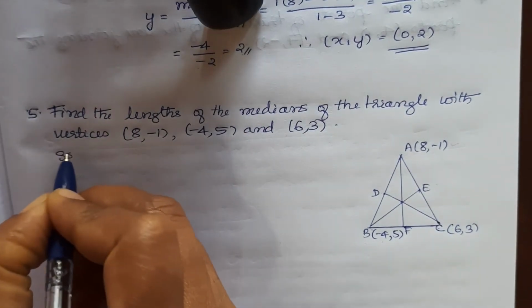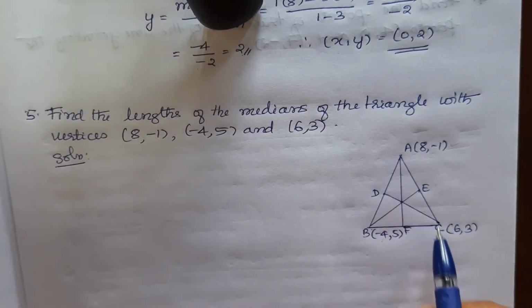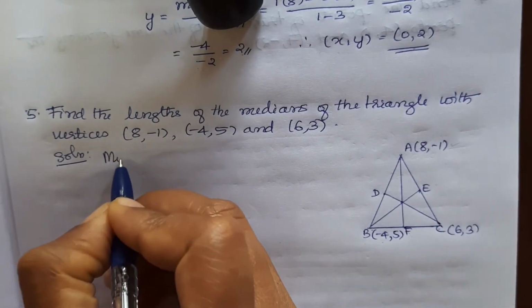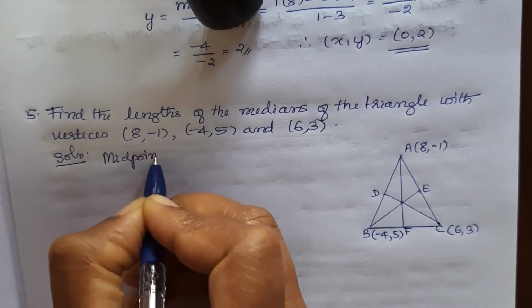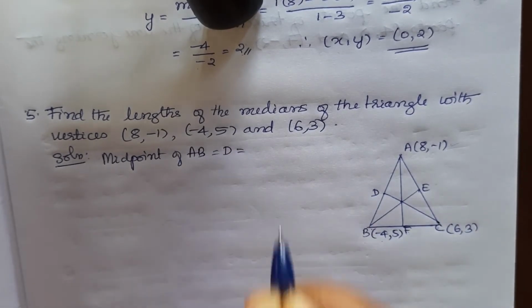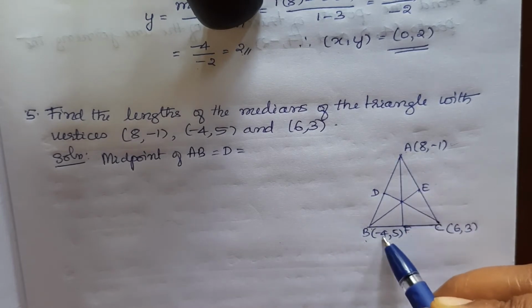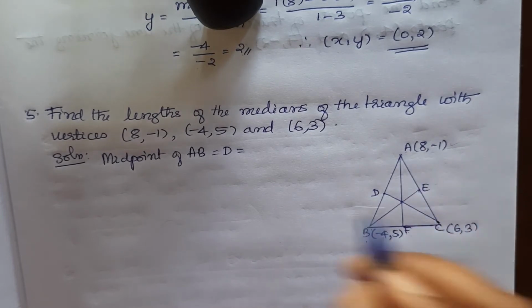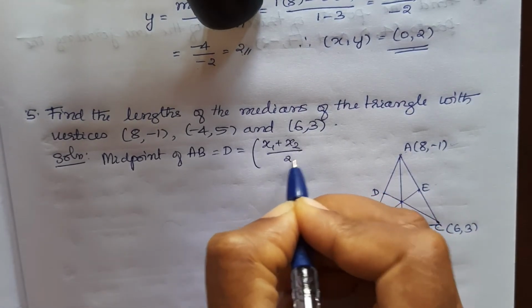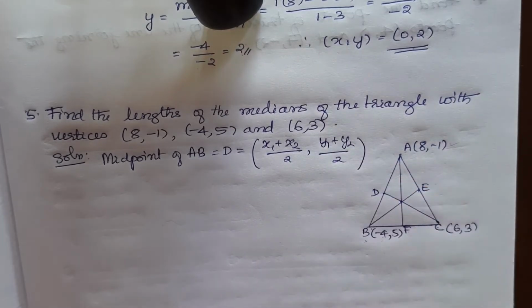So we shall write the solution first. I will find the midpoints of all the three sides so that I will get D, E and F. So the midpoint of AB, that is D. What are the coordinates? Midpoint of AB is (x1 plus x2) divided by 2, comma (y1 plus y2) divided by 2.